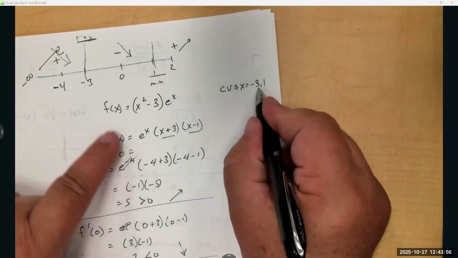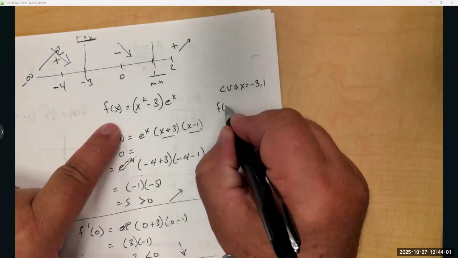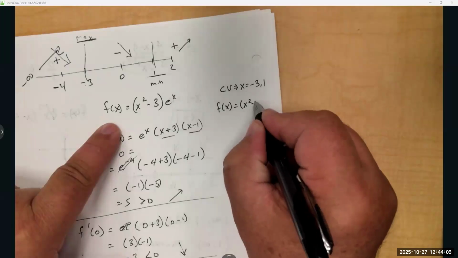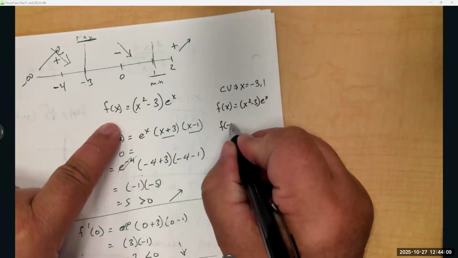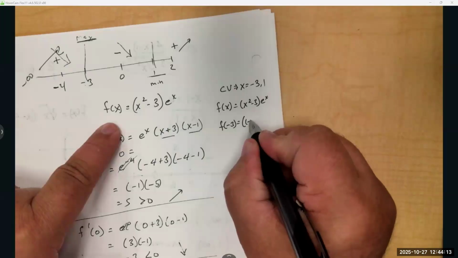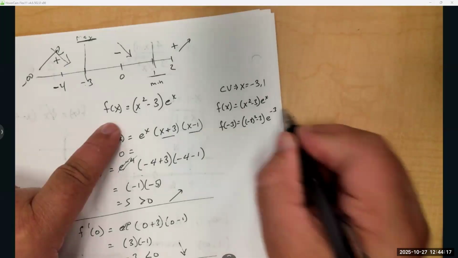So we take these values and plug them into the original function, x squared minus 3 e to the power x. At x equals -3, we get (-3) squared minus 3, times e to the power -3.